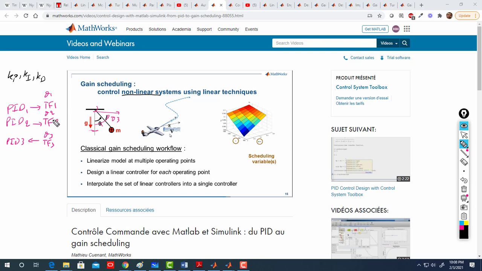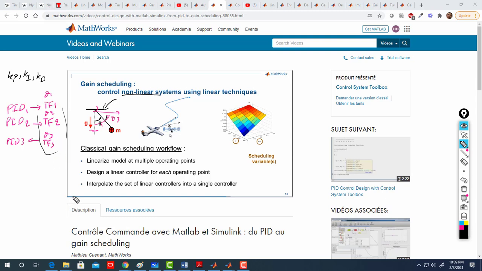If theta equals theta 2, then use the gains for the PID that I found with the transfer function for theta 2, etc. That's what we mean by gain scheduling. Okay, so it's to control a non-linear system like this using a linear technique like a transfer function, which is a linear technique.